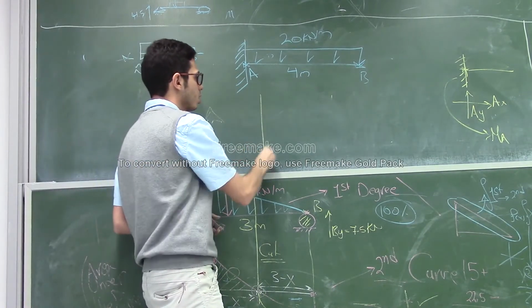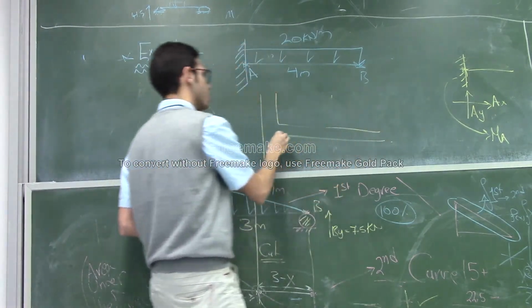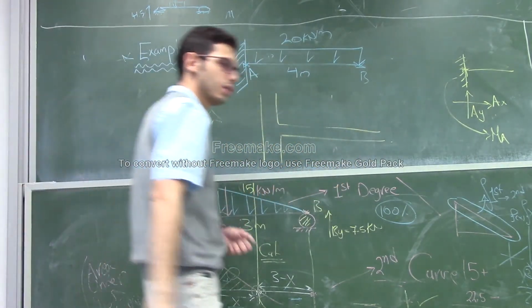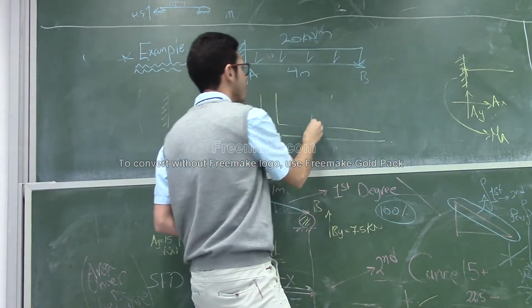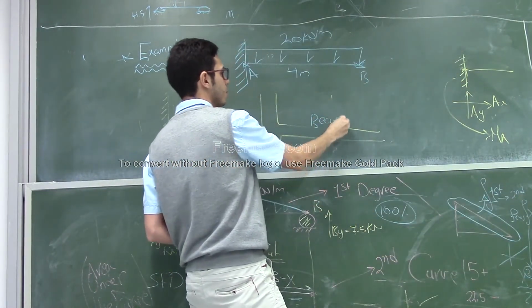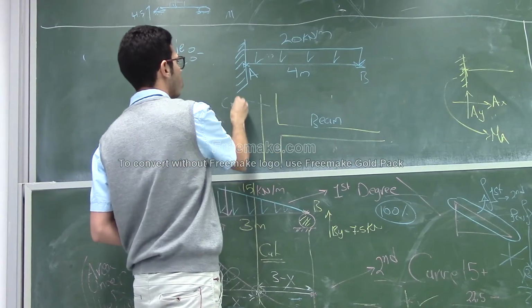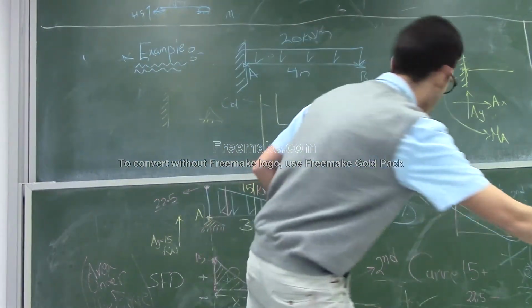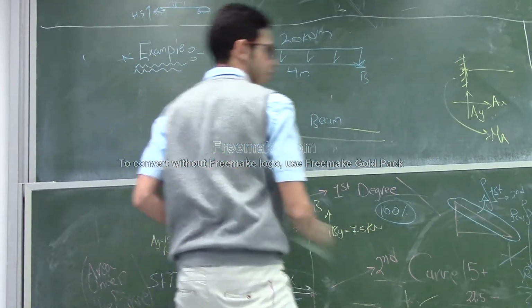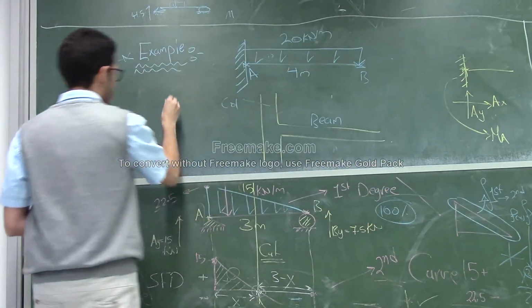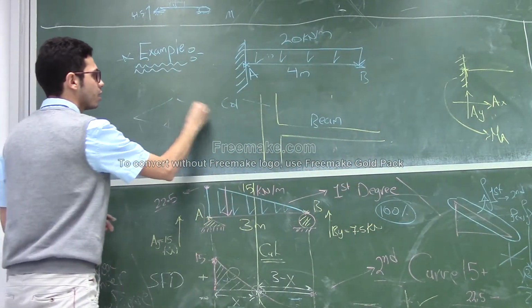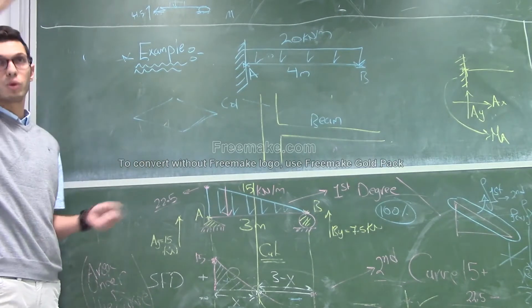So this is the shape, this is the beam, and here is the column. If you imagine a building, this is the roof, which we call the slab.